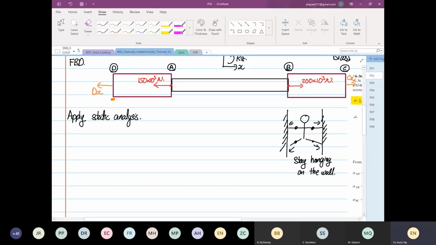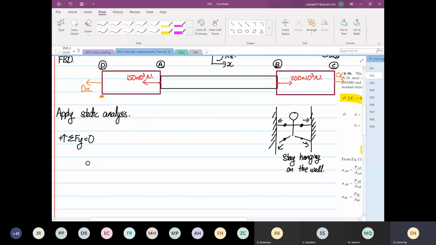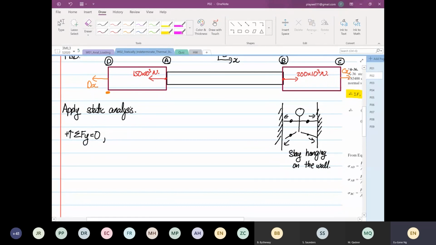So the first thing we do, let's look at summation of forces in the y direction is equal to 0. So what you see over here, you have no forces going up. So basically this equation is gone to waste. So this will be equal to 0. You cannot form any equation at all.